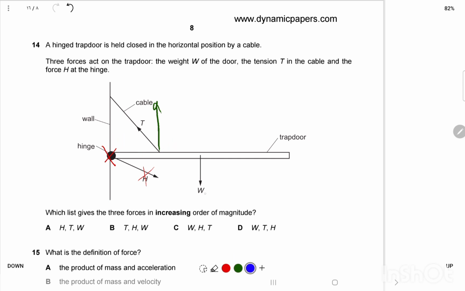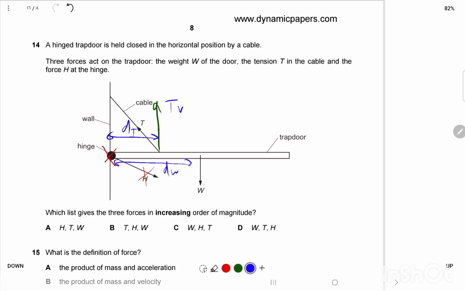So in this case, W times its distance from the pivot is equal to T vertical times its distance from the pivot. Clearly, this is dT, this is dW. Clearly, W and T, if you compare them, which will be greater?